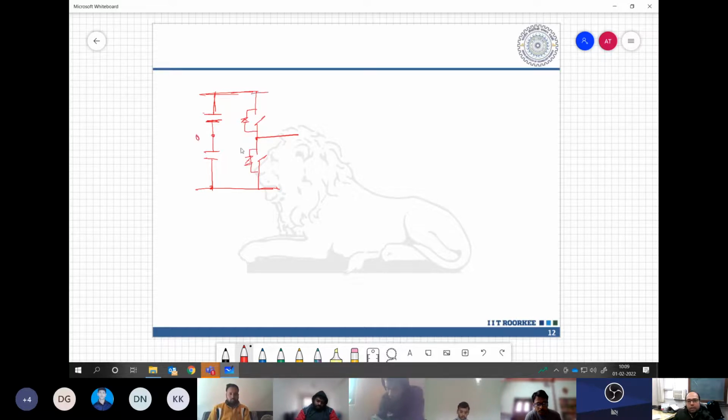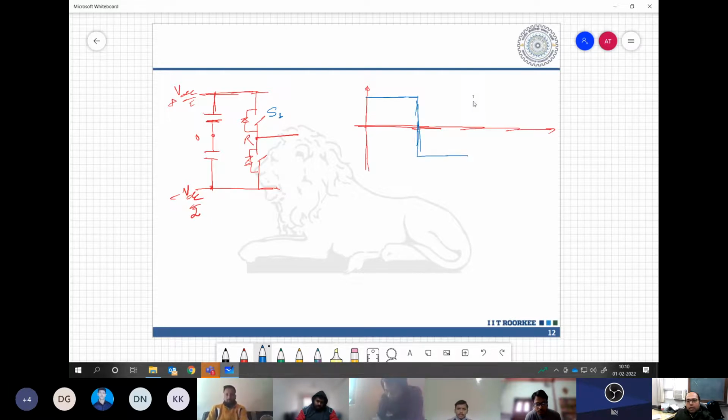Now we have seen that with respect to point O, VRO, we are trying to generate the simplest possible. Let's say this is plus VDC by 2 and this is minus VDC by 2. The simplest possible way to convert the DC to AC is simply to have the switch S1 connected for time period T by 2 and then the switch S2 connected for another T by 2.